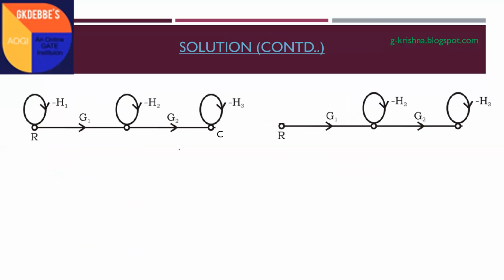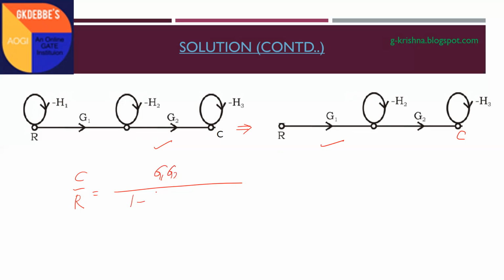If you consider this extended SFG in this manner, we already know that in writing the system equation, this first loop gain minus H1 will not have any effect. Hence we can redraw the signal flow graph by removing this loop, and then I can apply Mason's gain formula in finding this C by R relationship. What is C by R? For this signal flow graph, there is only one forward path gain, G1 G2.